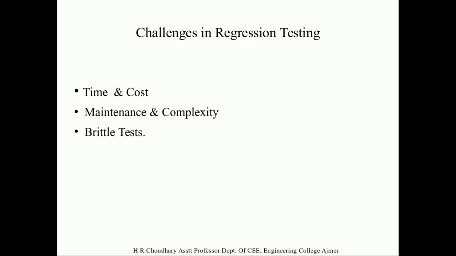The second one is maintenance and complexity. Regression test suites inevitably become large and complex over the course of a development project. The number of test cases, as well as the functions and processes that they check, can easily number in the thousands, which makes it impractical for the quality assurance engineer to test them manually without consuming significant time and resources.